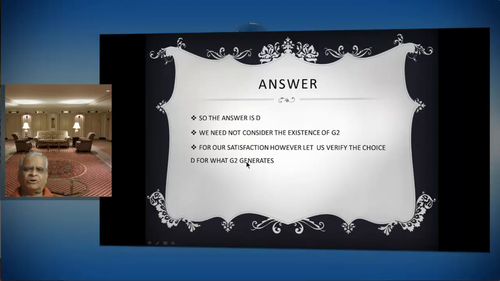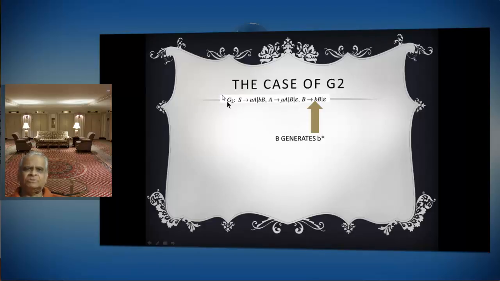For our satisfaction, now let us verify what D2 does. G2, here is the language. B generates what? B star, 0 or more B's. Then we have got what A generates. This says A star and then followed by B star. So A generates A star or it generates B star.